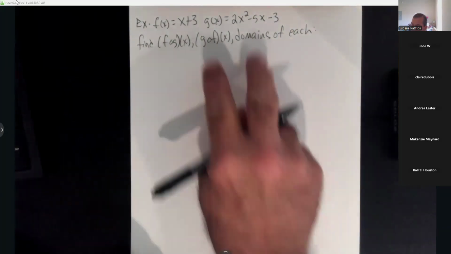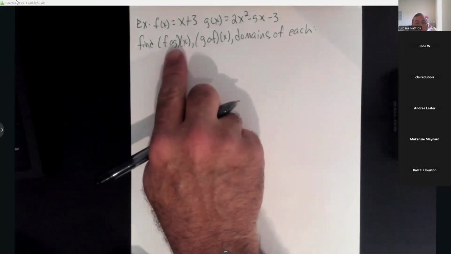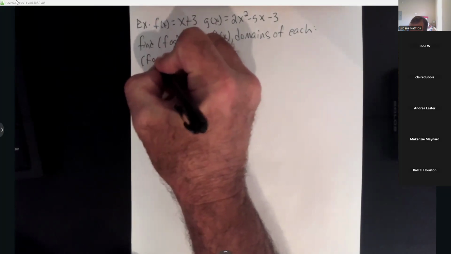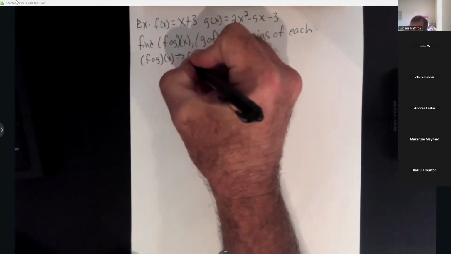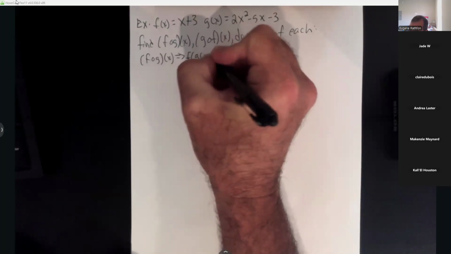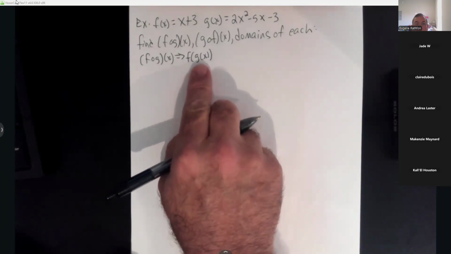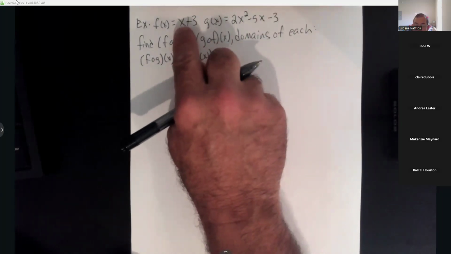Okay, so same problem. They're just turning it up a little bit on these expressions they're giving us. So y'all, let's start with f compose g of x. So once again, that is like f of g of x. So that means I'm going to be putting this whole g of x function into the f function.